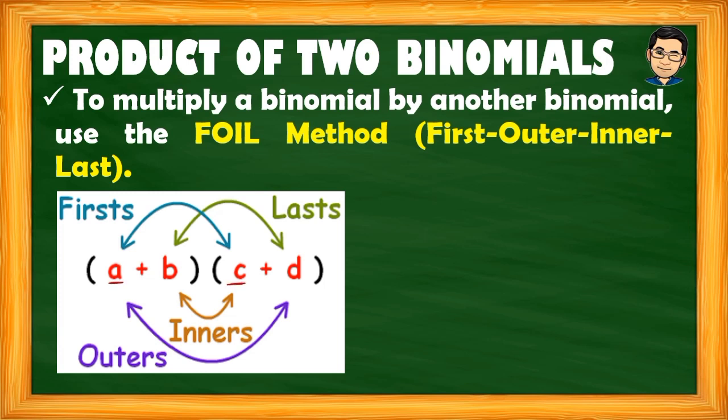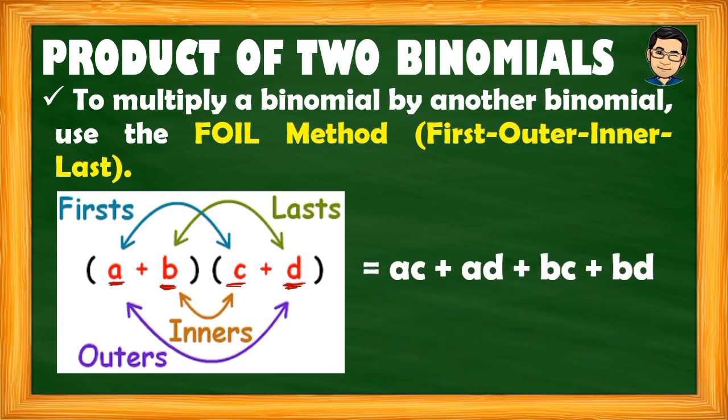And then, yung O naman, yung outer, yun po yung A tsaka D. And then, inner, yung kabaliktaran ng outer, yung mga nasa loob, B and C. And then, finally, yung dalawang last terms, B and D. So, if we multiply those binomials, our product will be AC plus AD plus BC plus BD. Okay, so yan po yung FOIL method.